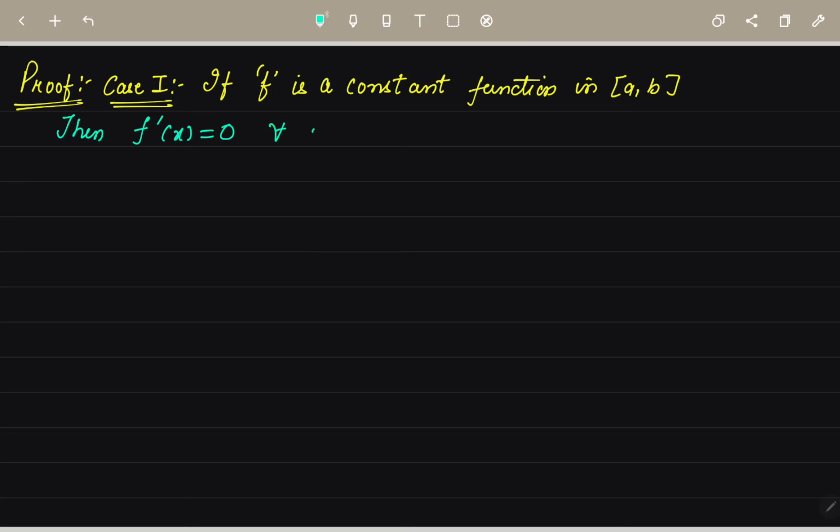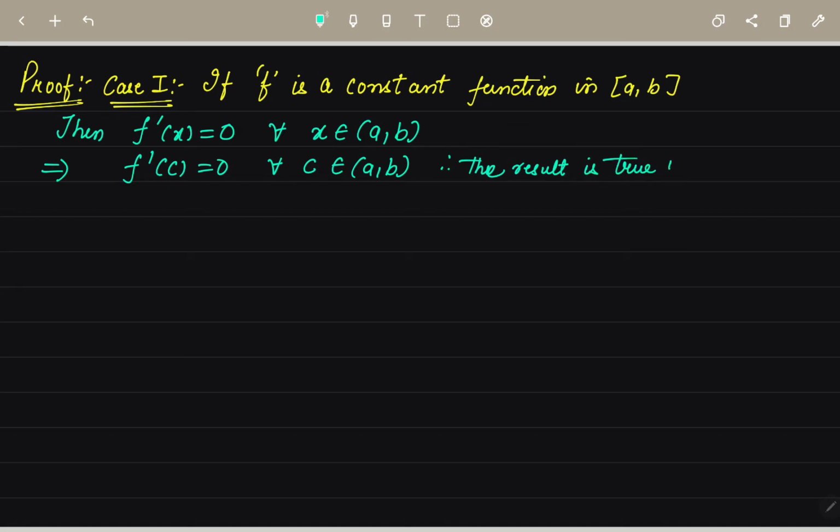This holds for all x belonging to the open interval (a, b). So f dash x is equal to 0, which means f dash c is also equal to 0, replacing x by c, for all c belonging to the open interval (a, b). Therefore, the result is true in this case.